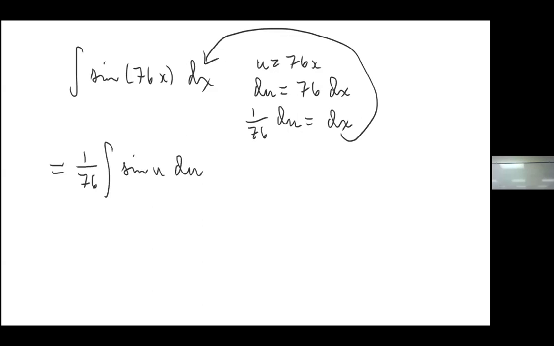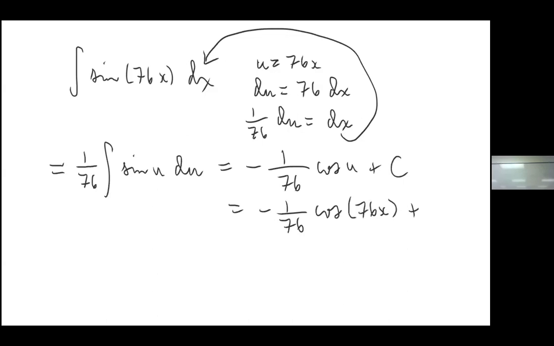What's the antiderivative of sine of u? Negative cosine of u, right? So this would be negative 1/76 cosine of u plus a constant, which is negative 1/76 cosine of 76x plus a constant. Right, so it's exactly that, yes?